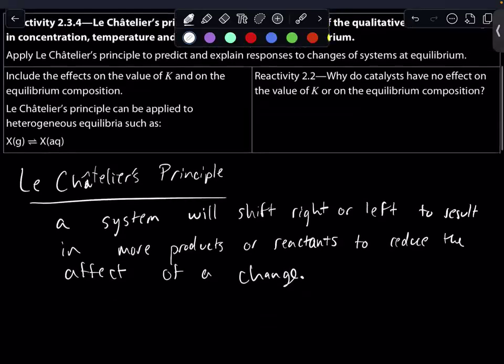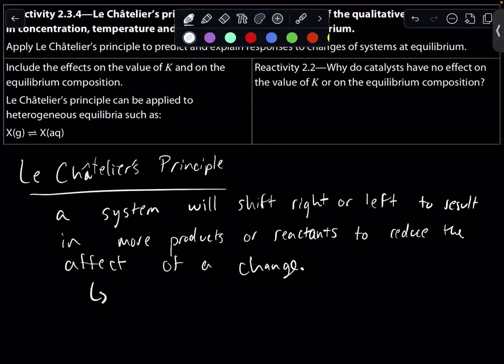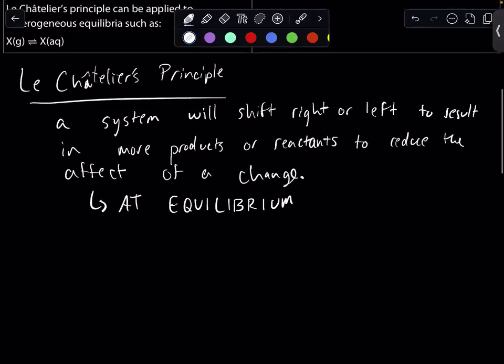Now, this only happens, very specifically, at equilibrium. If we are not at equilibrium, we're not really talking about Le Chatelier's principle. So how does a system make that shift? Well, it makes it according to three specific changes. Those changes could be concentration, and this is where Le Chatelier's will be most straightforward.